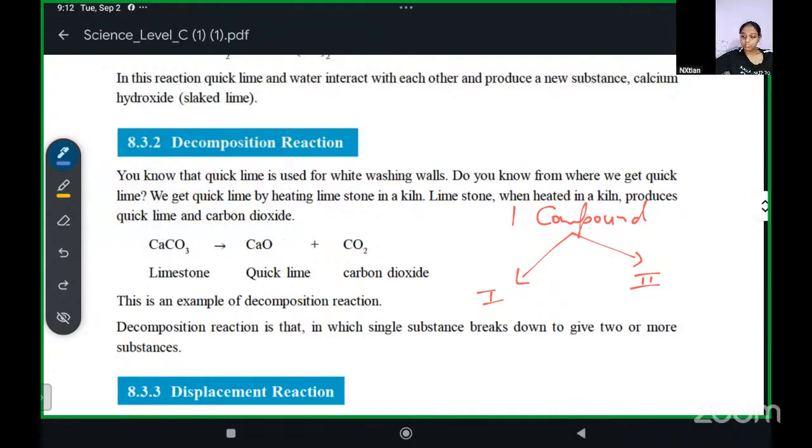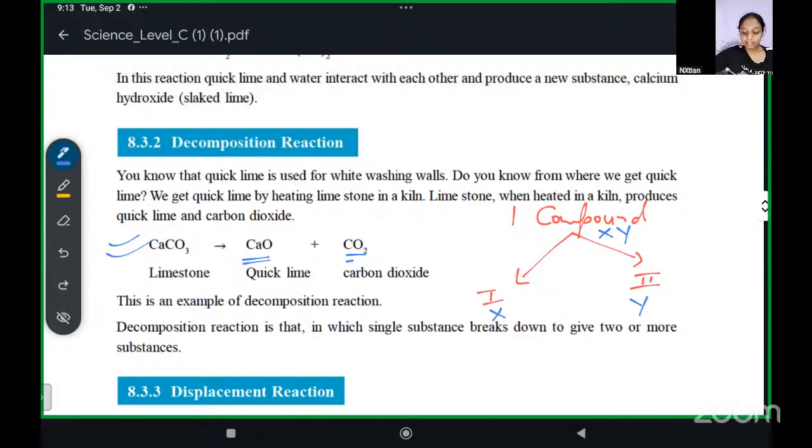Is it because of different temperature or something? Yes, because of different conditions. For example, XY becomes X and Y. Example is limestone breaks into quicklime and CO2. CaCO3 gives CaO plus CO2.